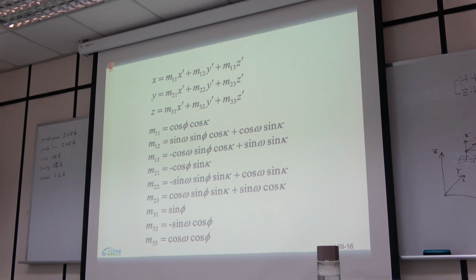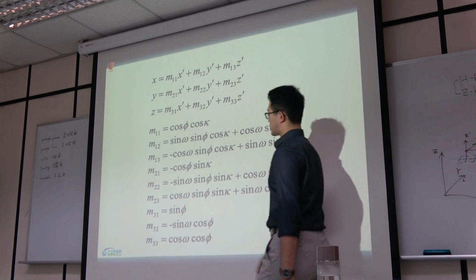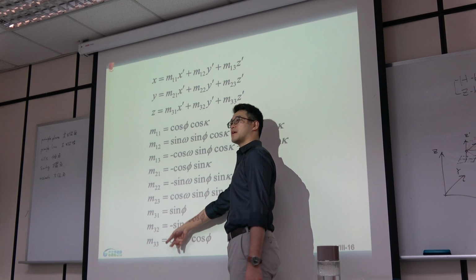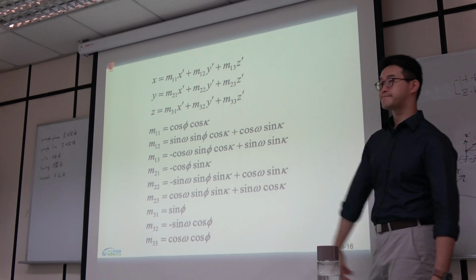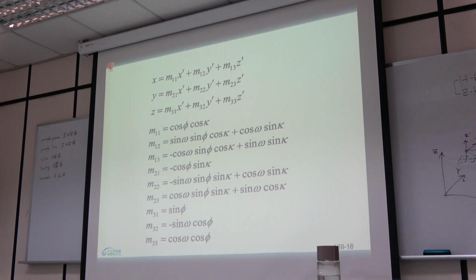As you can see, we can just call it M11 to M33, and each of the terms is over here. That's where you can get the rotation matrix. So it's actually very easy. It's just three rotations, for the omega, phi, and kappa. Just combine everything together, and voila, you have the rotation matrix.